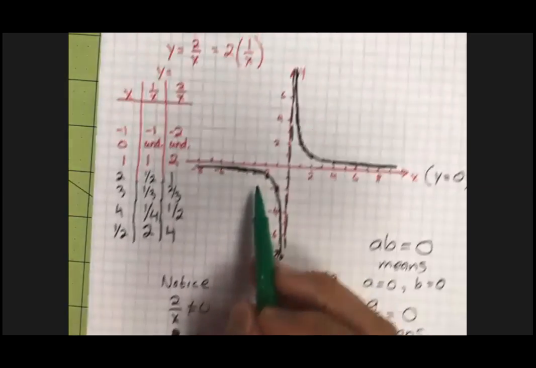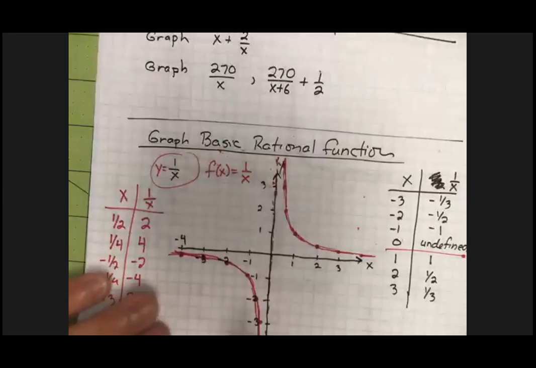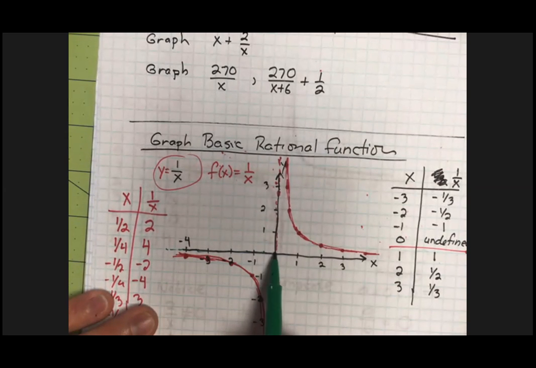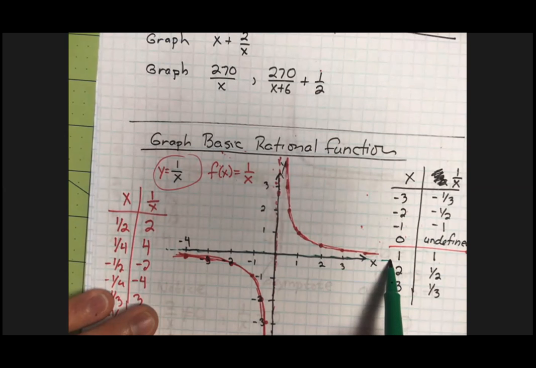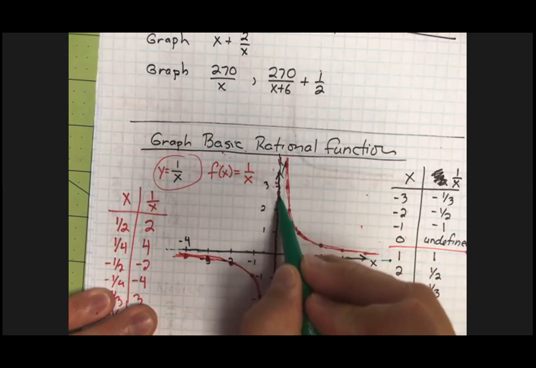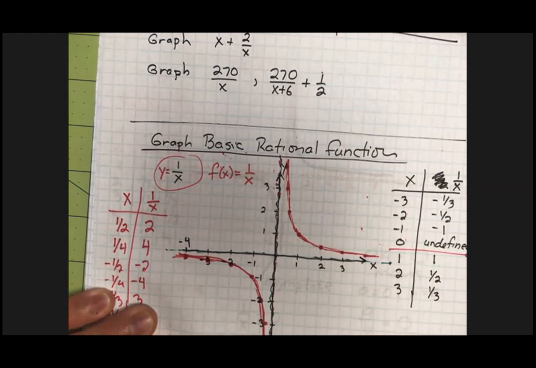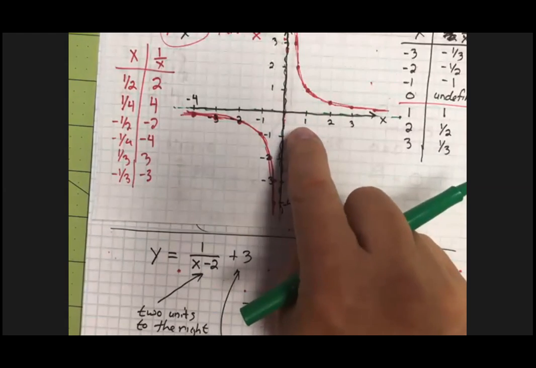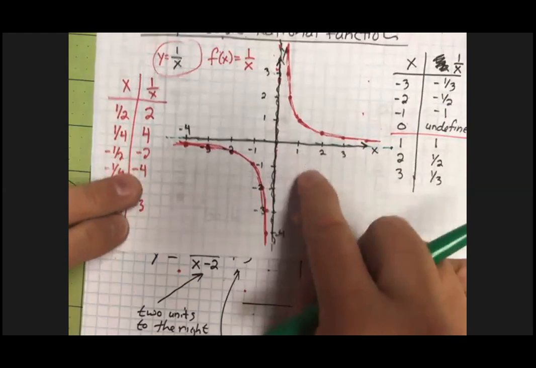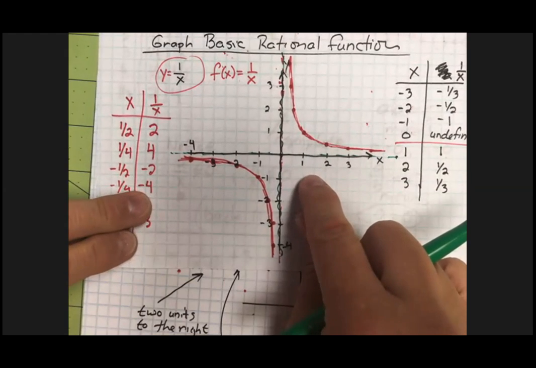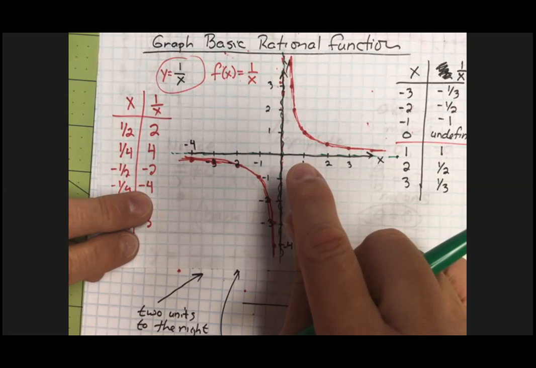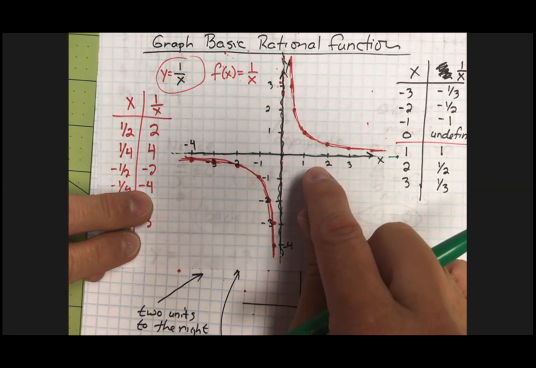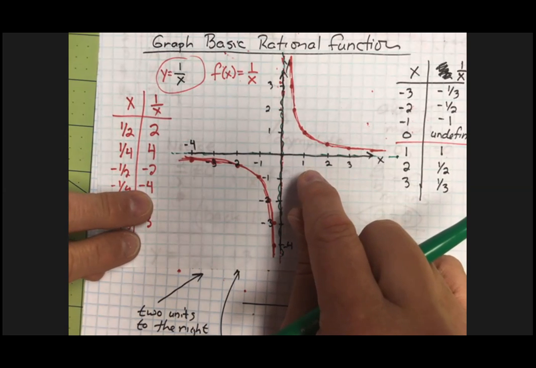Well, remember, in my original graph of 1 over x, this is my original graph. Remember, I never touched this line, the x-axis. I never touched this line, the y-axis. So think of the x and y-axis as a skeleton that this graph is hanging on, like your skeleton, kind of defining how tall you are, how long your arms are.